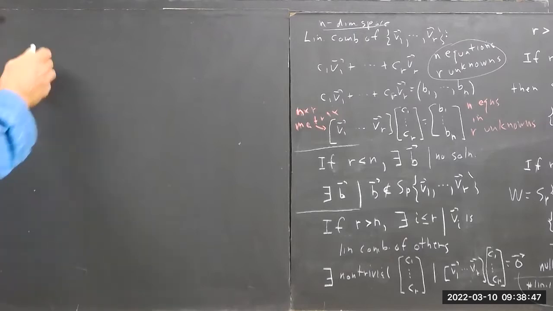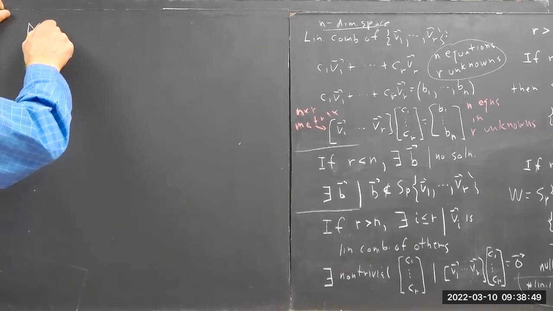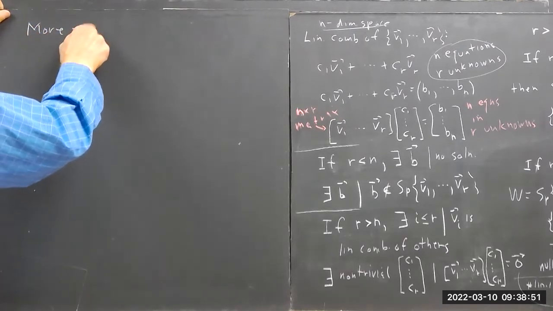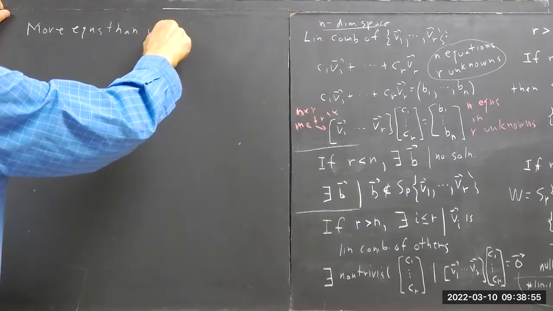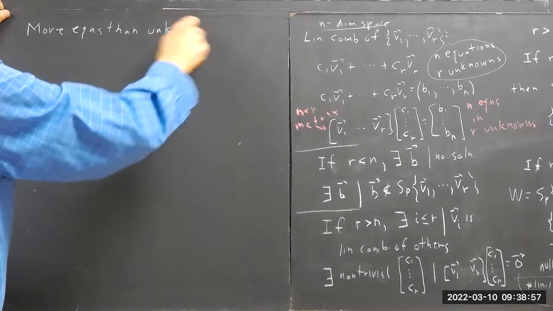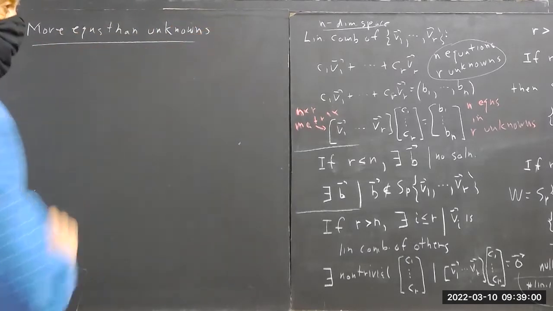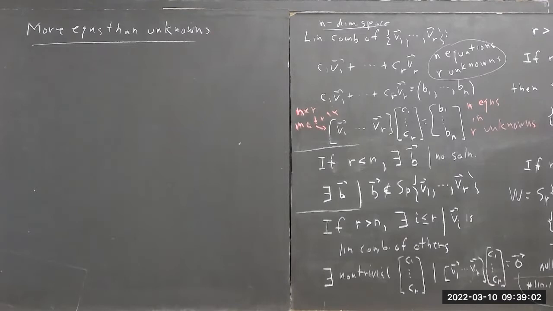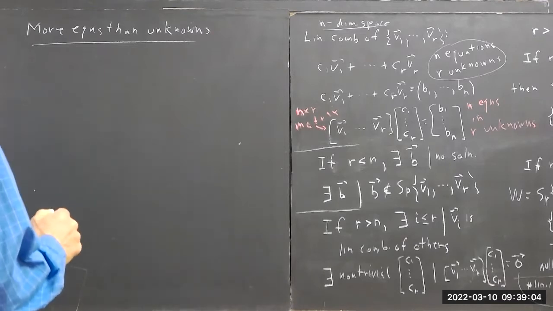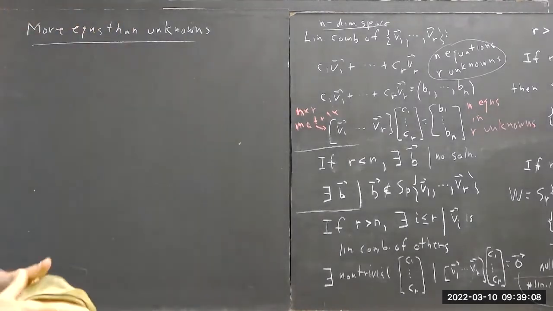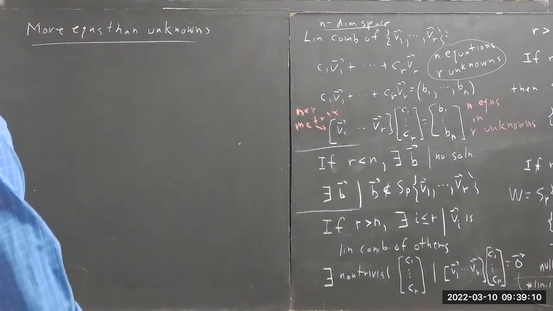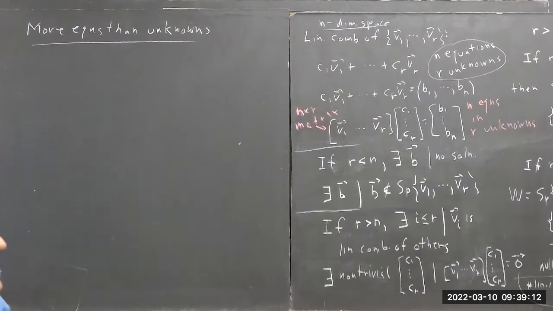Okay, let's stop that. If you have more equations and unknowns, we got a couple really good immediate responses. We discussed this. And I said it wrong again. More unknowns than equations. I'll keep that up there and take a chance.